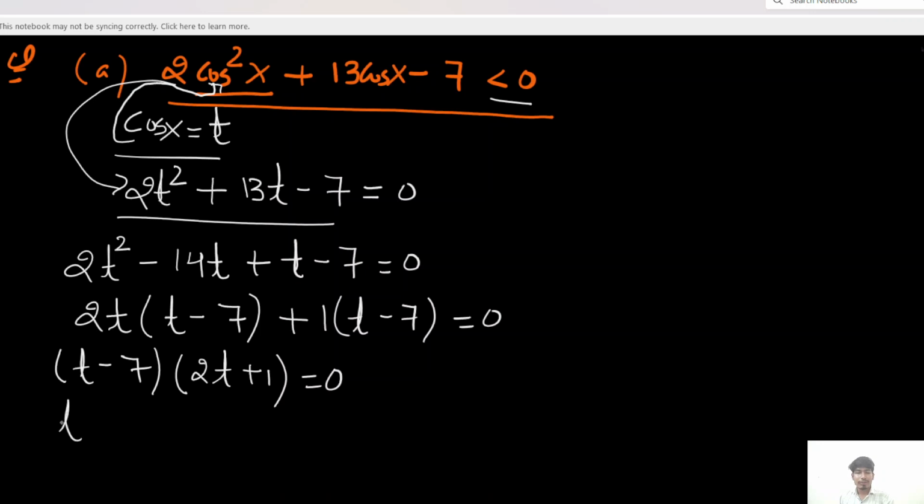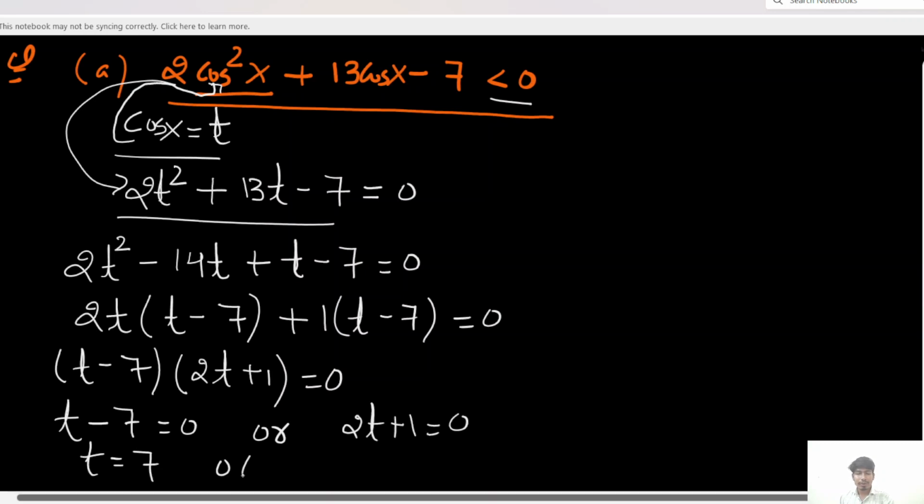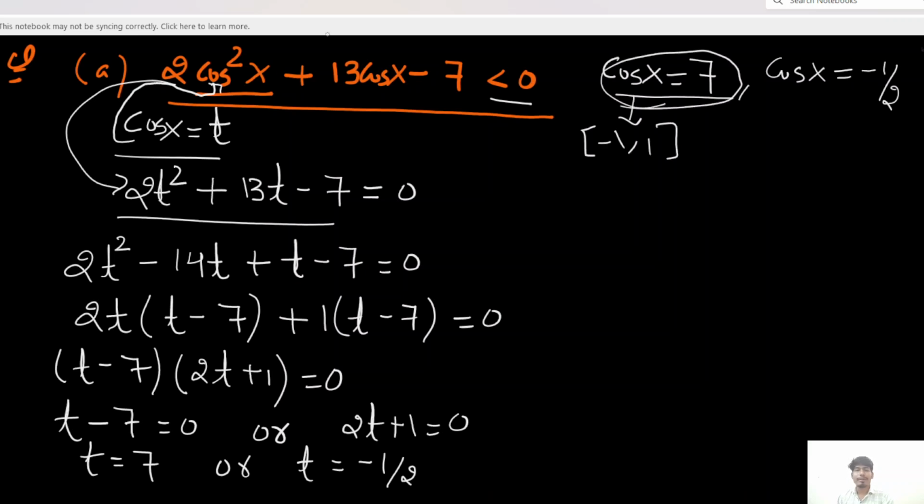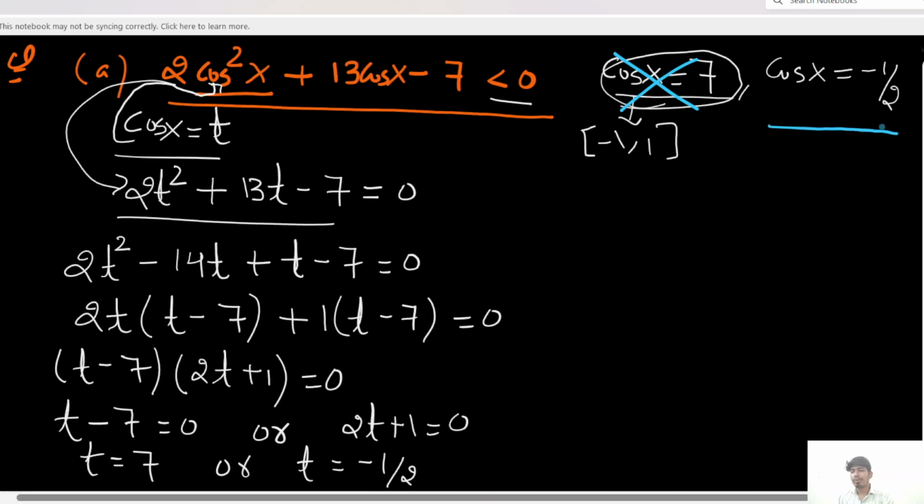Either t minus 7 equal to 0 or 2t plus 1 equal to 0. So t is equal to 7 or t is equal to minus 1 upon 2. Then cos x is equal to 7 and cos x is equal to minus 1 upon 2. We know students, the range of cos x is only minus 1 to 1, so this never happens. Then only cos x is equal to minus half.